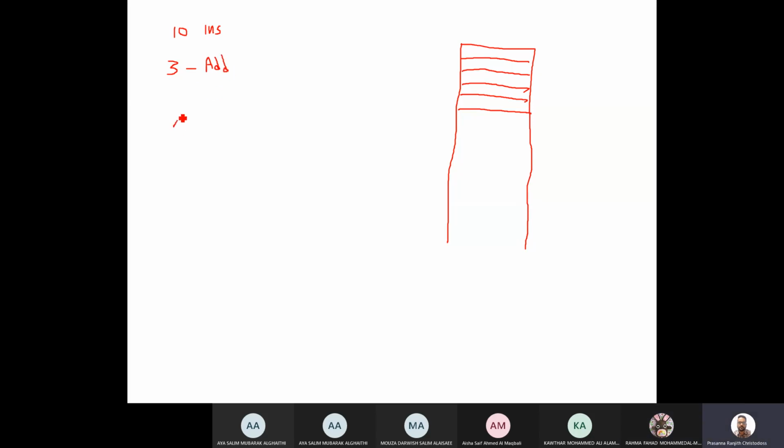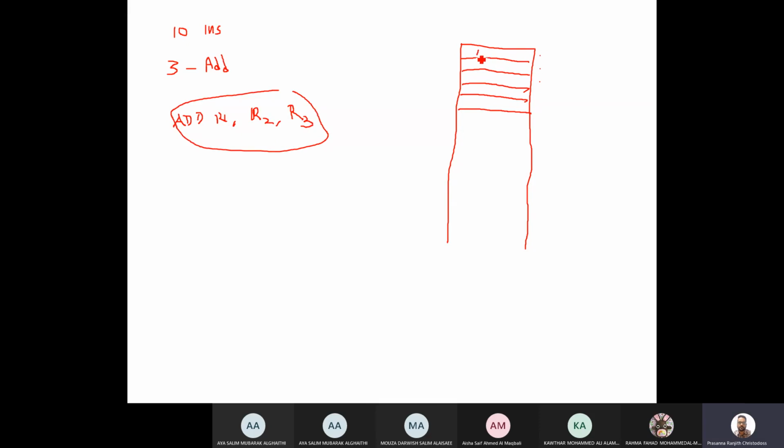We can say ADD R1, R2, R3. So here you have your opcode followed by 3 others. This will always take 3 because each one is only 8 bit, one byte, right? So a 3 address instruction will occupy 3 rows.